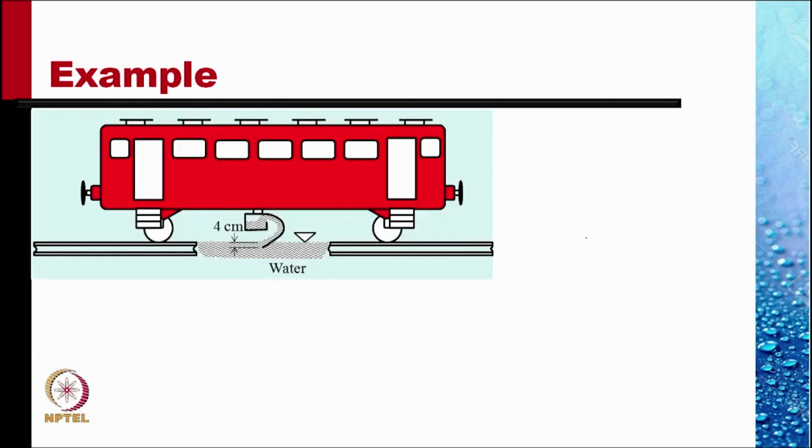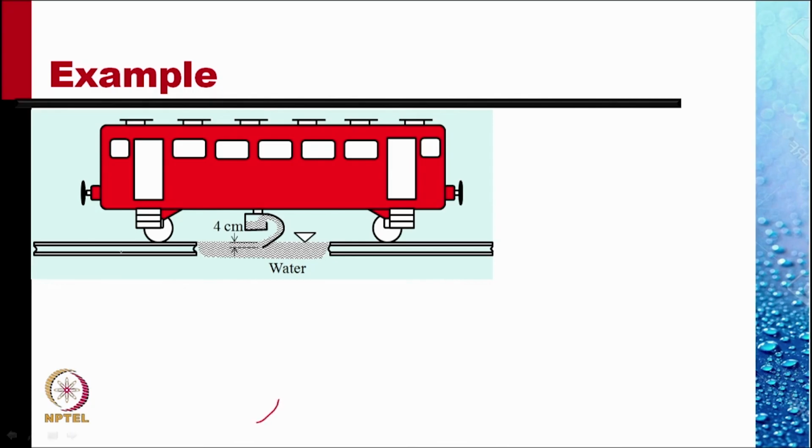Let's take another example. In very old days, the long distance train used to pick up water for their use from a ditch which was running parallel to the rails. The water was scooped up.